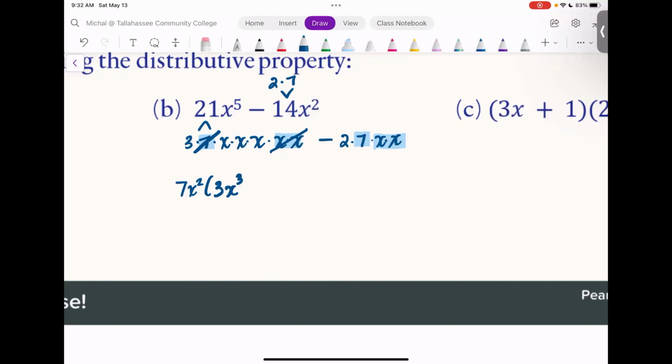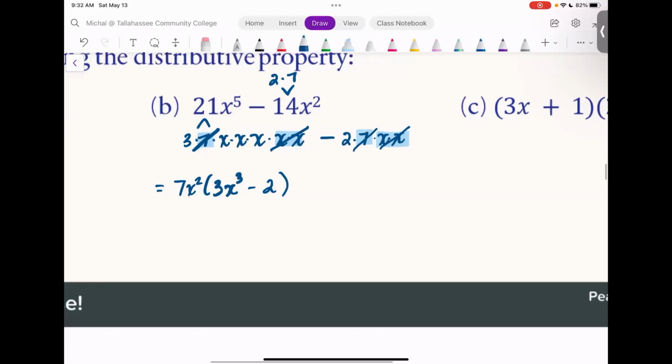And if I divide out 7x squared from my second term, I'm left with negative 2. So in this way, I can use the distributive property to go in reverse and take my sum and divide out a common factor. This solution has taken the expression in part B and rewritten it using the distributive property. Except since I didn't start with grouping symbols, I knew I needed to end with grouping symbols.